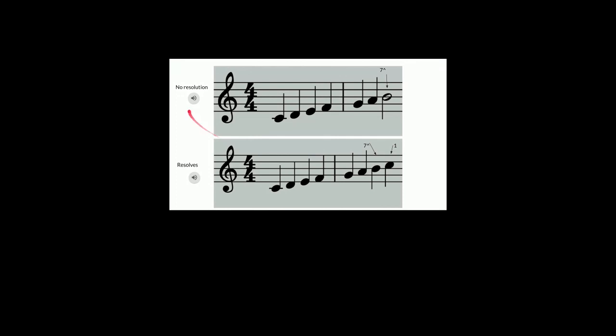So how does it sound if we do not go to the tonic, but rather stop on the leading tone? Okay, now how does it sound when we go from the leading tone and finally get back to the tonic?